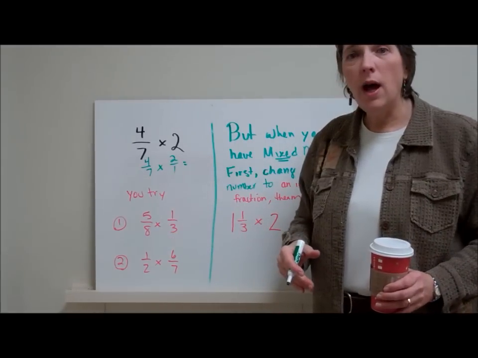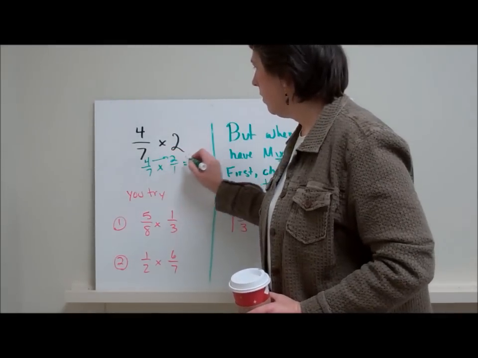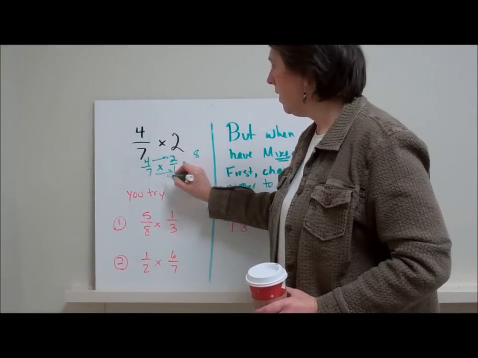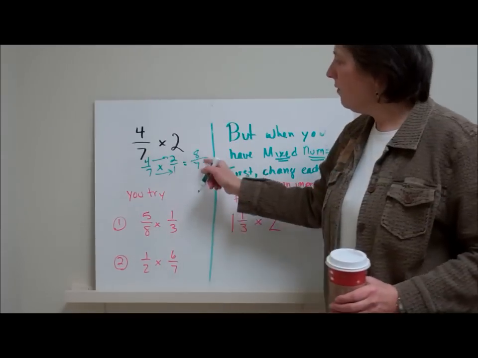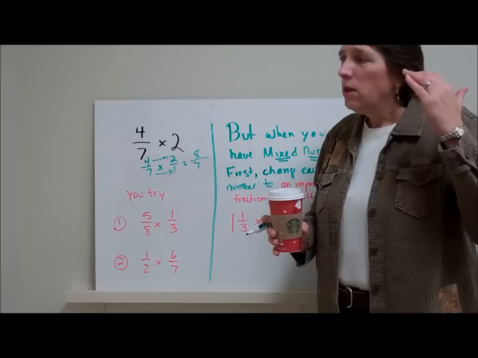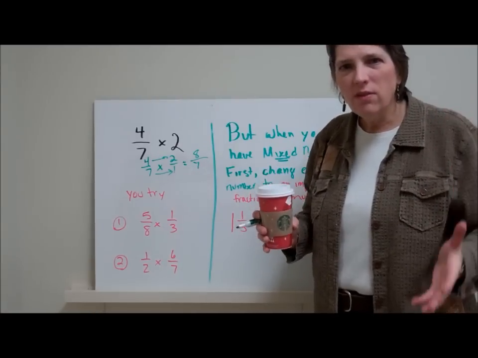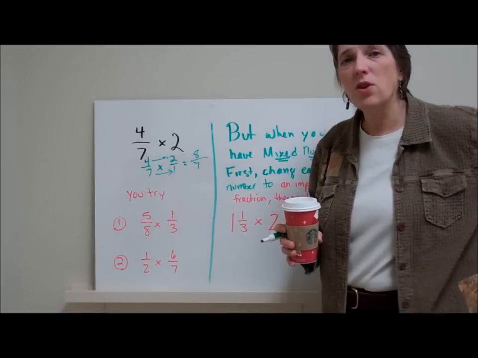And I'm going to multiply numerator times numerator and get 8, and denominator times denominator and get 7. Now, if this is in simplest form, you can leave it like that. You can leave the fraction as an improper fraction as long as it's simplified and in lowest terms.